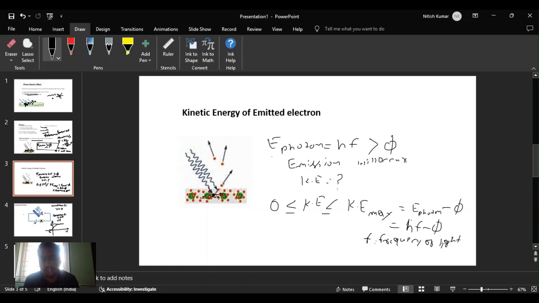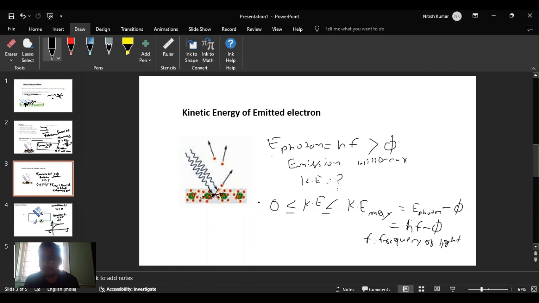The energy that this electron gains is the energy of the photon minus phi, but due to collision it loses most of its energy. If it comes out without any collision, it will have the maximum kinetic energy. If it collides with another electron, it loses some of its energy.